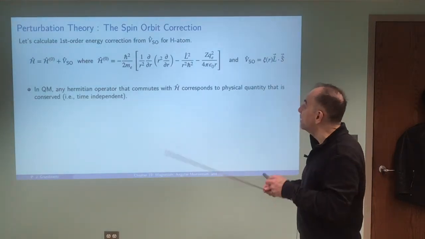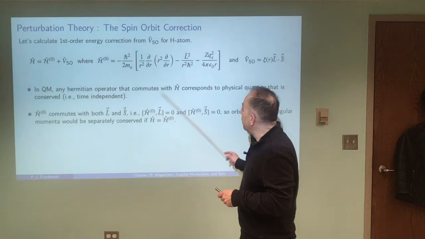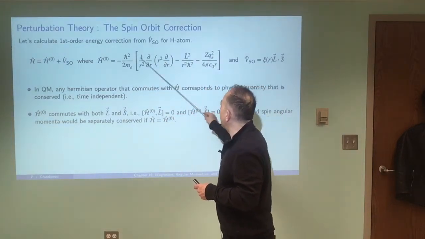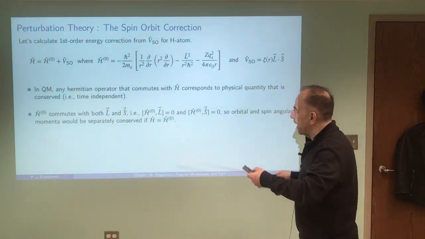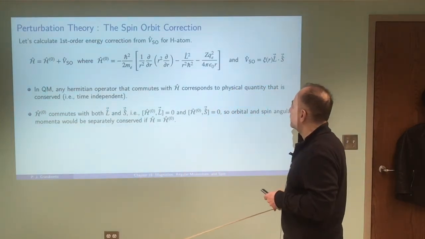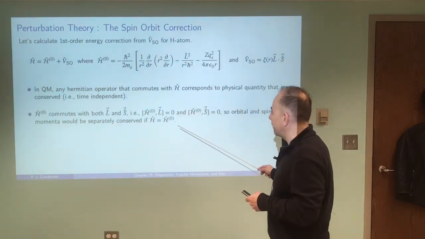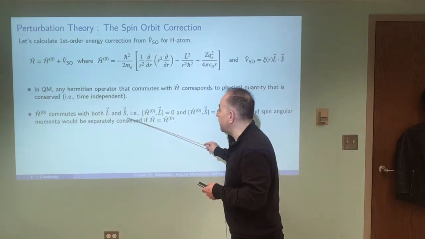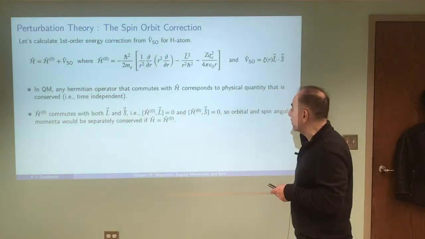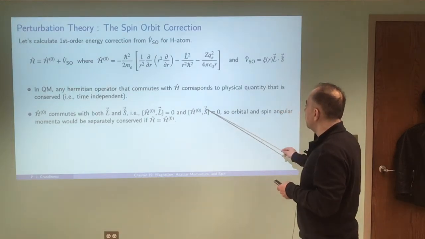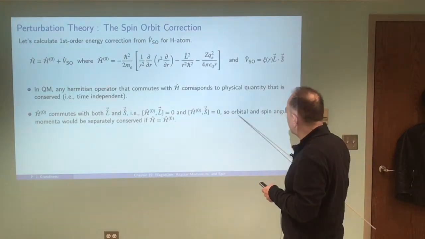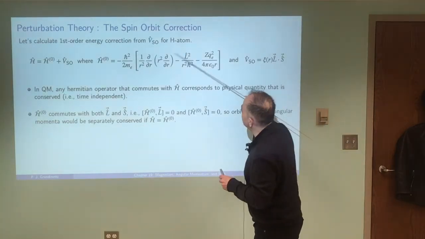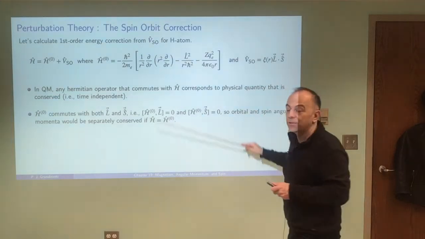The expectation value is not varying in time. So we know that the zeroth order Hamiltonian, which is the Hamiltonian we used in the chapter on solving the hydrogen atom, commutes with both the orbital angular momentum vector and the spin angular momentum vector. So that means that spin and orbital angular momentum are separately conserved if this is the only term in our hydrogen atom Hamiltonian.